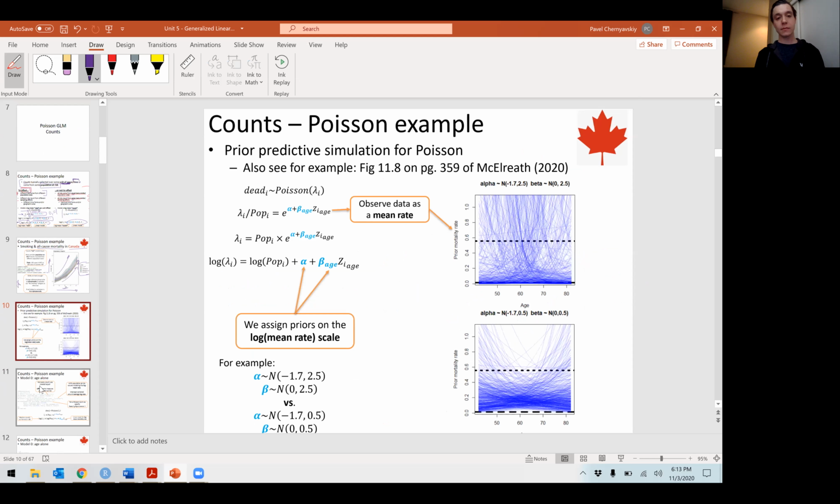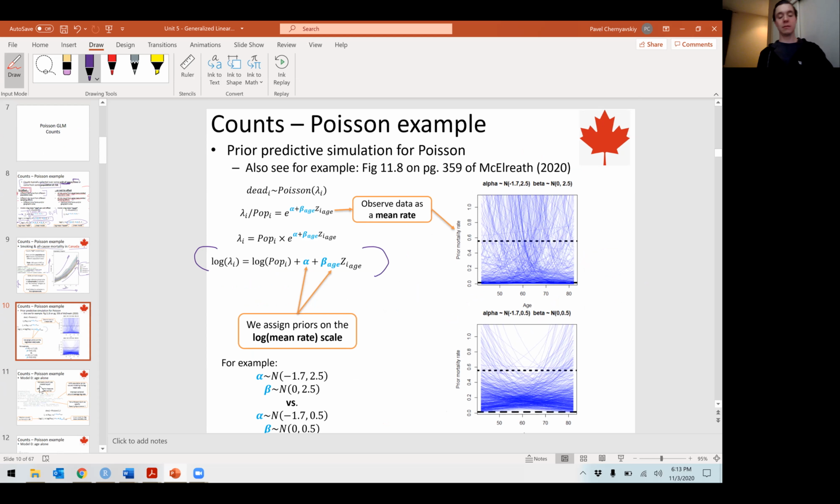So the next thing we're going to do is practice setting priors. We set priors on this linear model scale. Again, notice that you can either step down by taking logs, or you can step up by exponentiating, and you're going to get to exactly the same point.